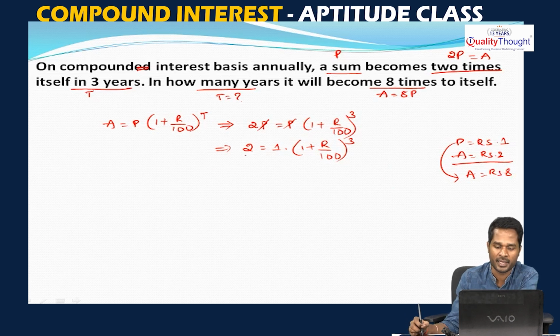Now, I need to make this 2 value as 8. This is the total amount A value. So this 2 will become 8. For that I will cube on both sides.